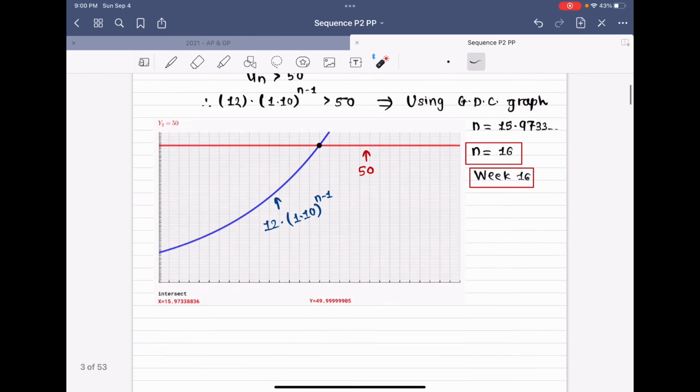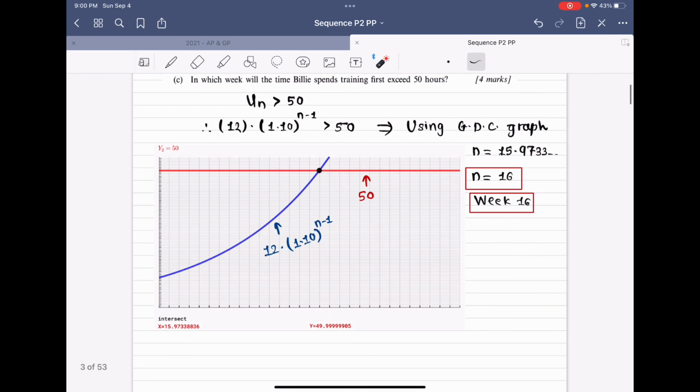Adjust your view window if you don't see the graph. When you type this in y1 and this in y2, please write down this instruction: using GDC graph. Whatever graph you are getting, please sketch this graph. I was using my iPad GDC, so I got this figure, but whatever graph you get on your GDC, please sketch it as it is.